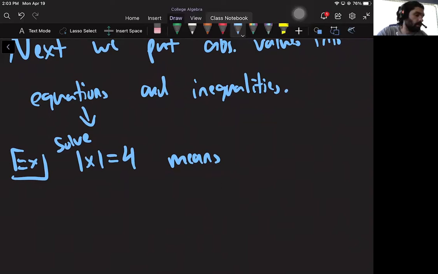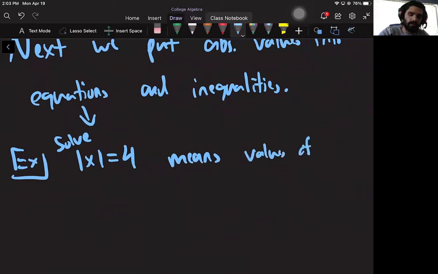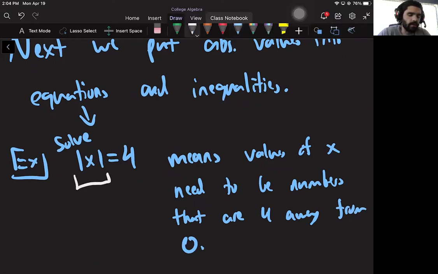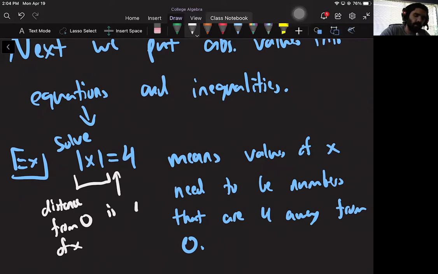So this just means that the values of x need to be numbers that are 4 away from 0, because that's by definition what this is saying. This is the distance from 0 of x is 4.